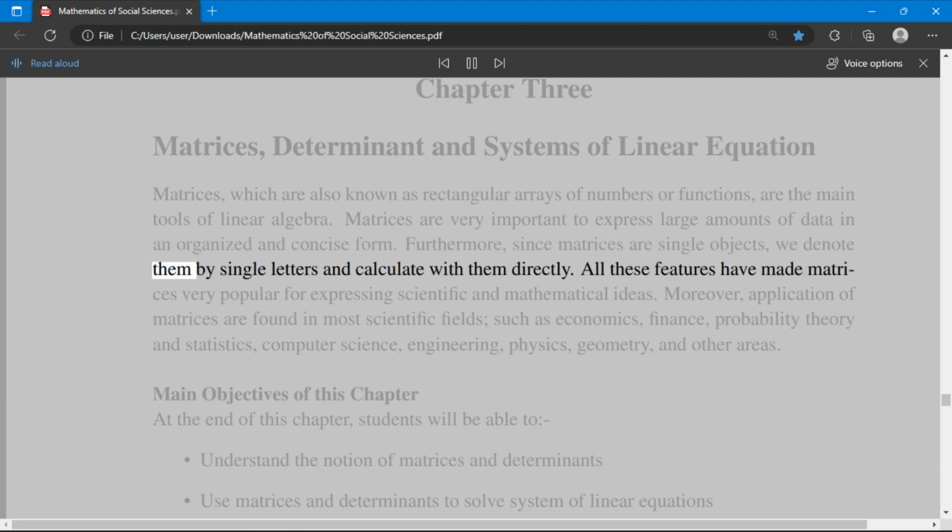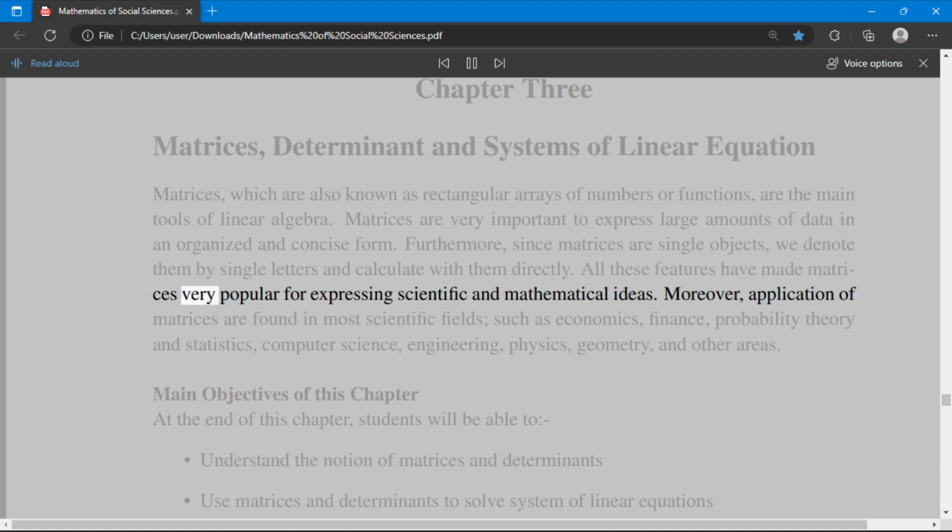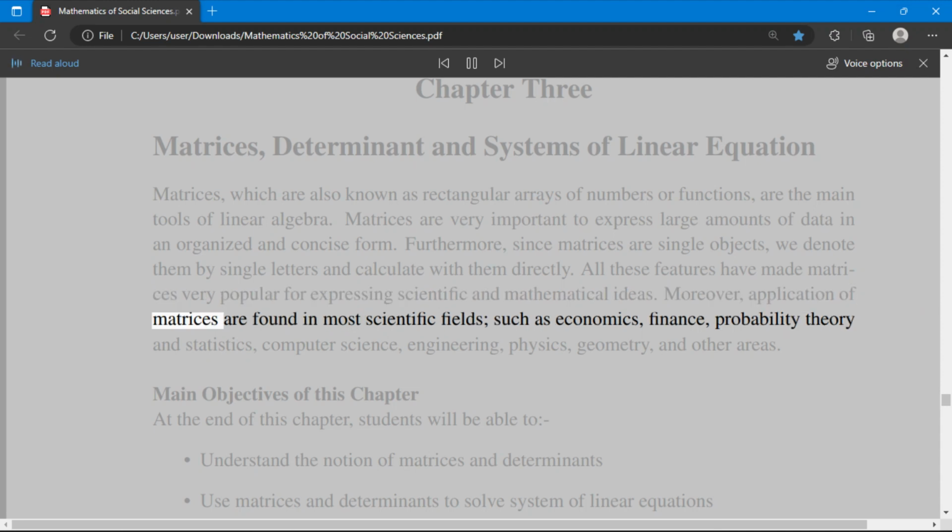Furthermore, since matrices are single objects, we denote them by single letters and calculate with them directly. All these features have made matrices very popular for expressing scientific and mathematical ideas.